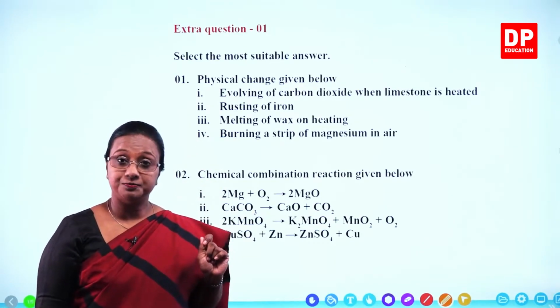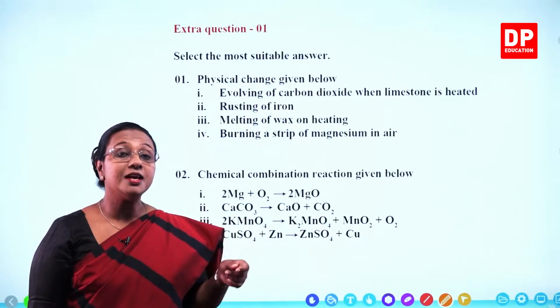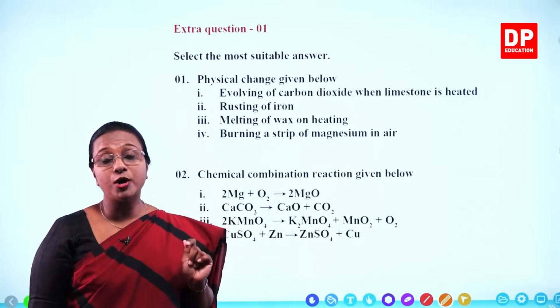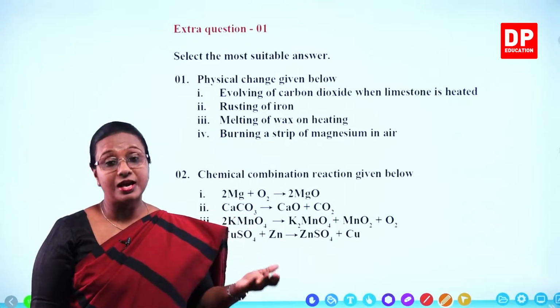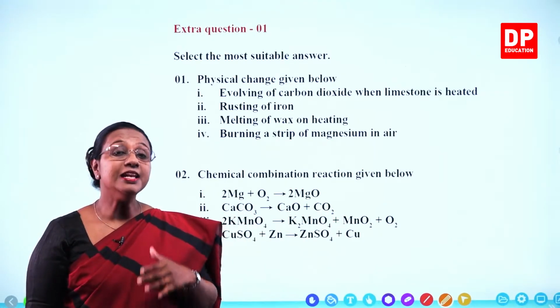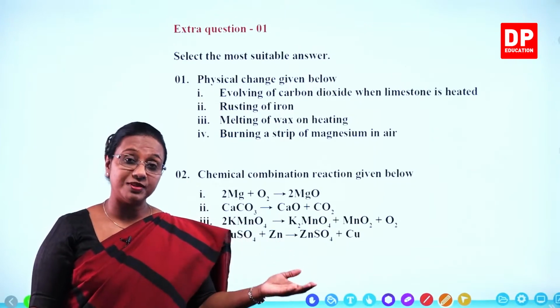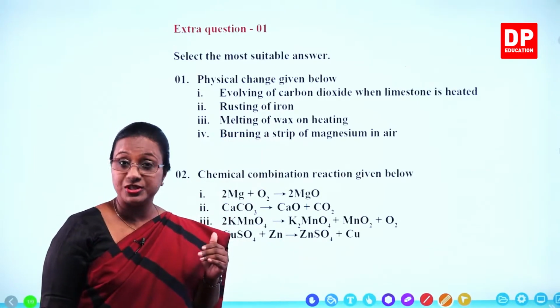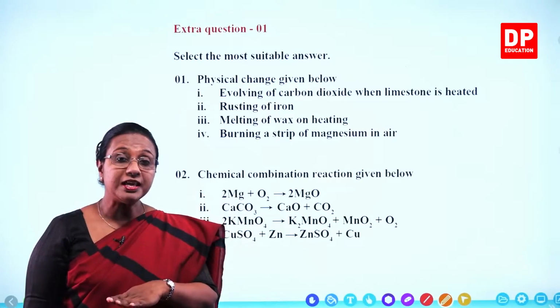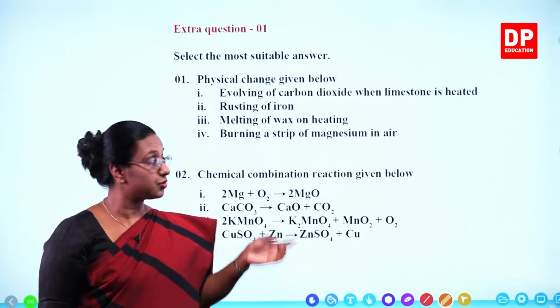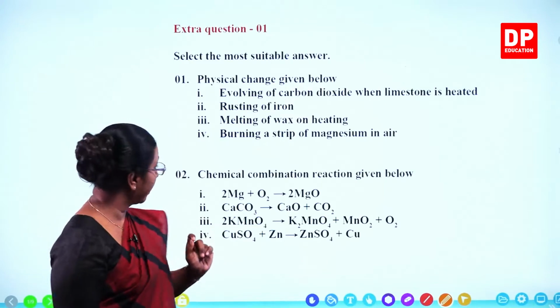Rusting of iron. When iron rusts, there is oxygen and water along with iron. They get converted to rust. So there again, you have the reactants, you have the products. We have not discussed the process in detail, but I have mentioned this before. So from the reactants, you get the products. So that is a chemical reaction.